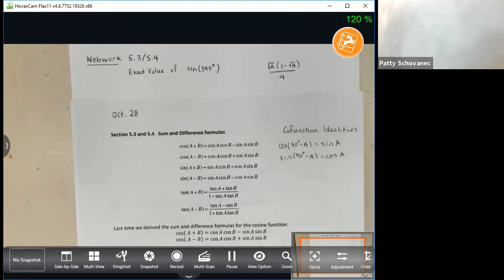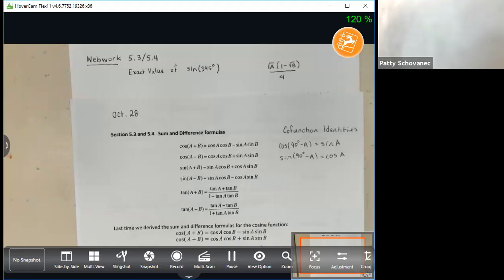Okay, so now in quadrant 3, let's see, 180 plus 30 is 210. 180 plus 45 is 225. 180 plus 60 is 240.